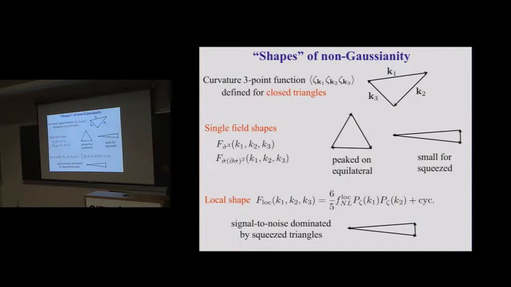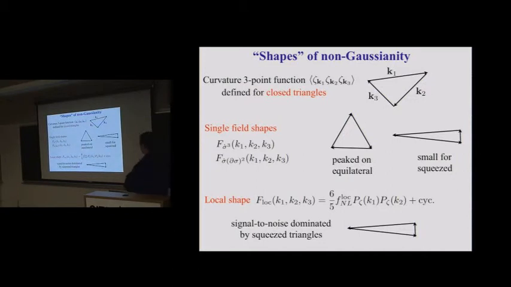They look qualitatively similar. They're both peaked on equilateral triangles and small in the squeezed limit, where one of the wavelengths becomes very long compared to the other 2. That squeezed limit has a special significance, for example, in large-scale structure, which I'll talk about later.